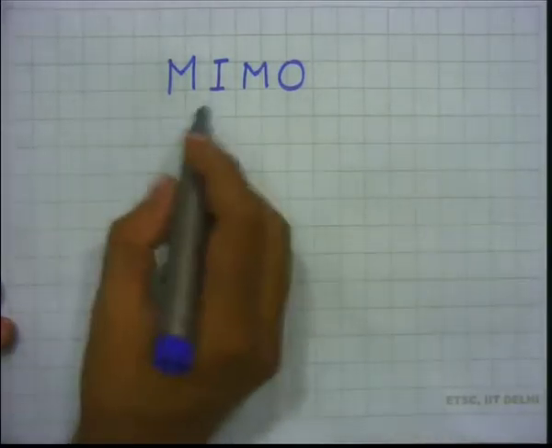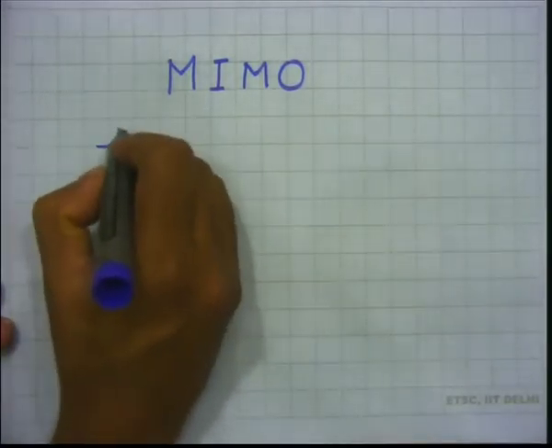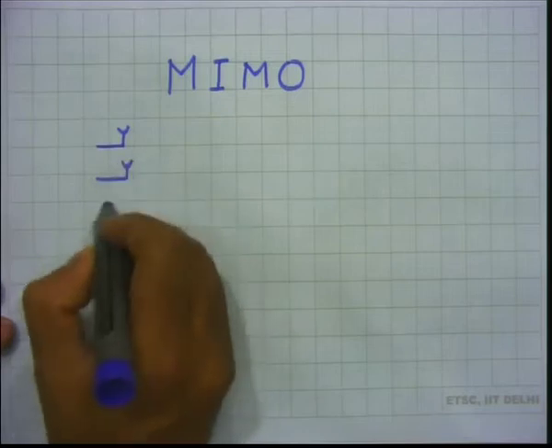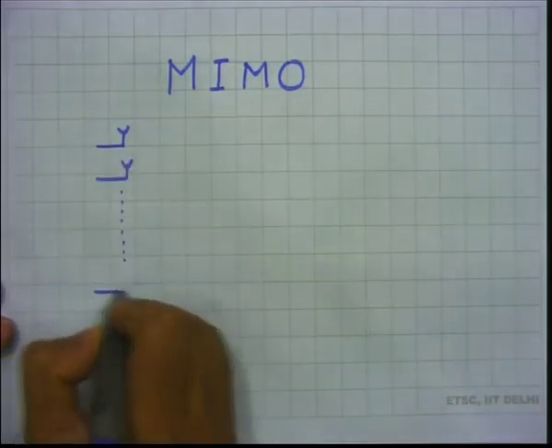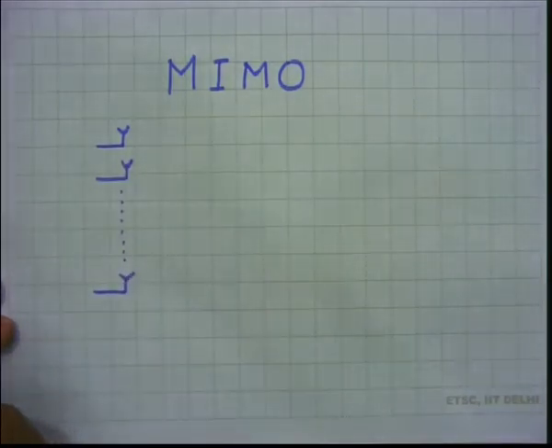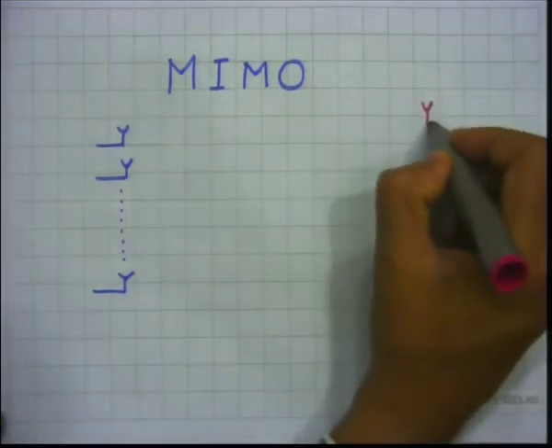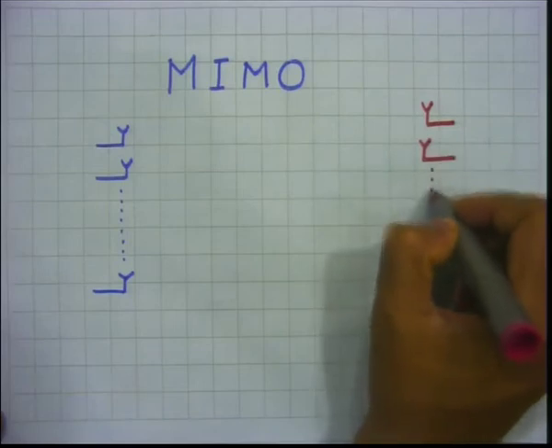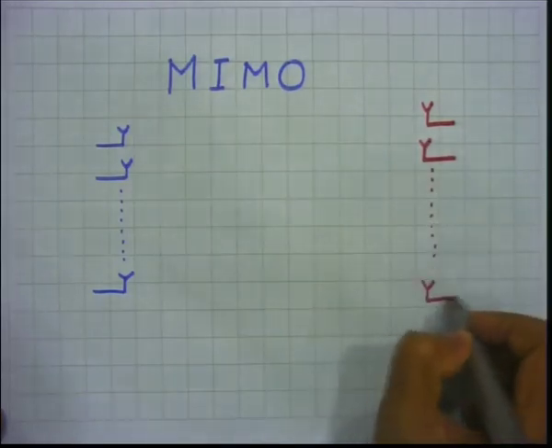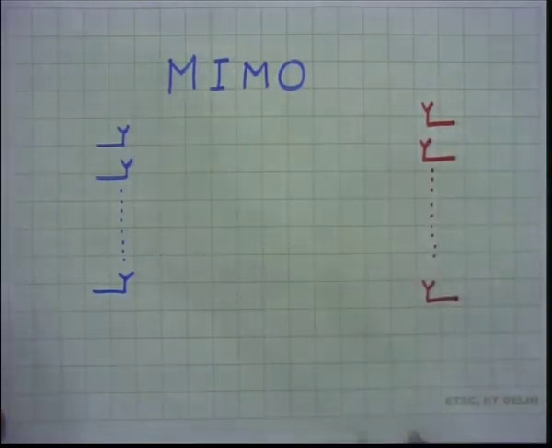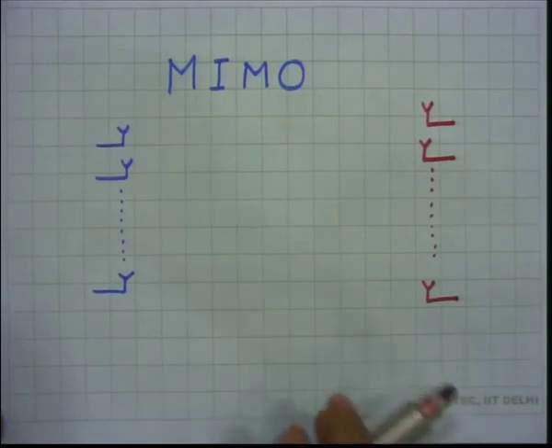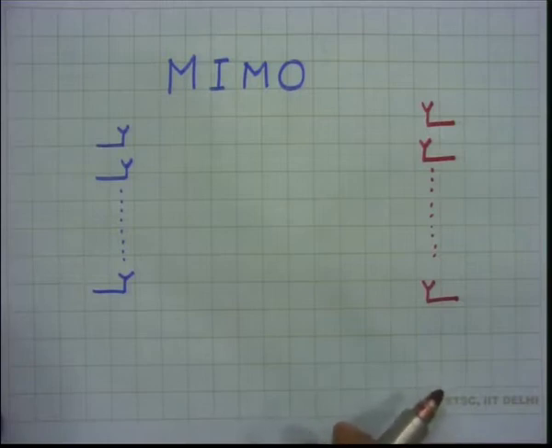In wireless communication, I can have several transmit antennas and I can have several receive antennas. Well, in theory we can always do that, but in practice the number of antennas on a handset, for example, would be limited, right.